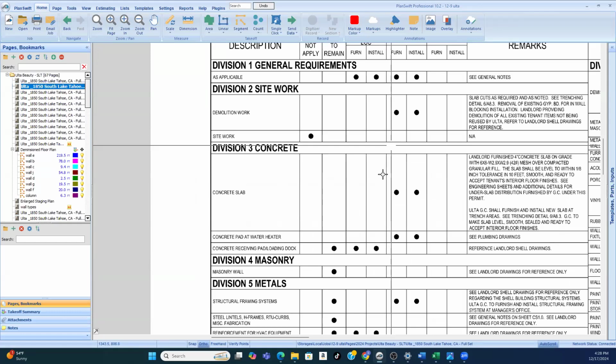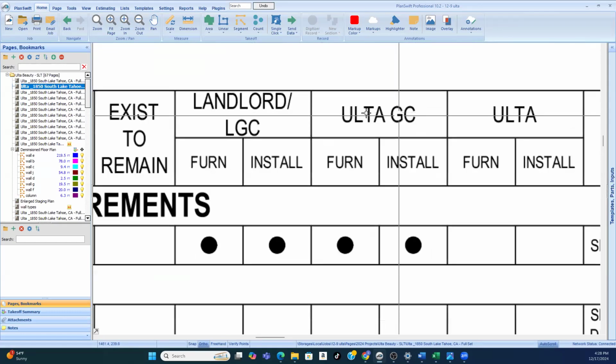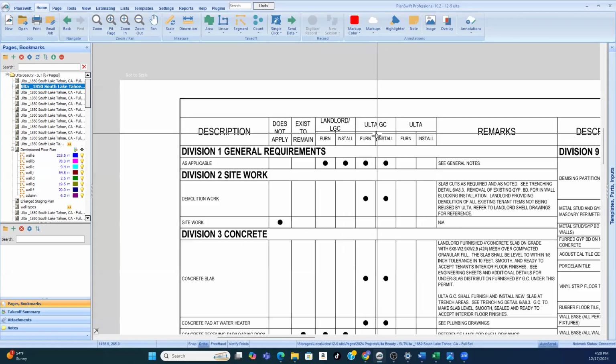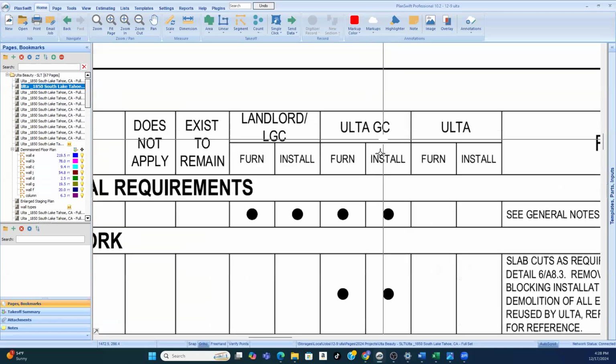And keep in mind when it says GC, that's the GC and his subs. So it's not that the GC's doing the work. Sometimes the GC will do the demo directly, but we know the set of plans is a contract between the GC and the owner.